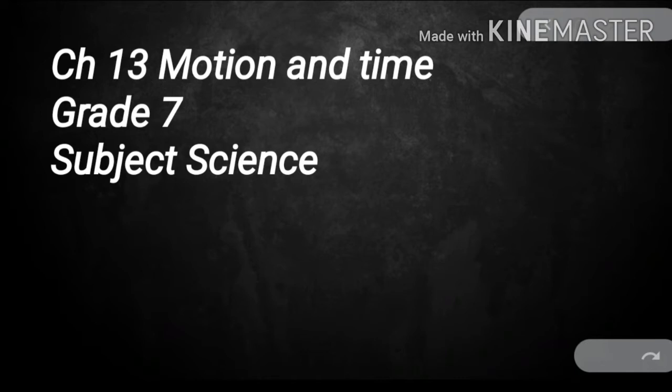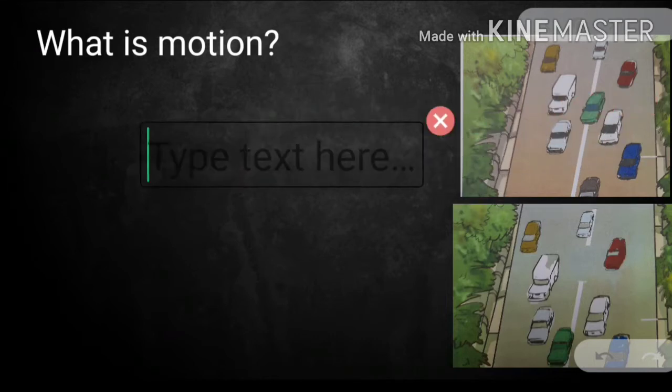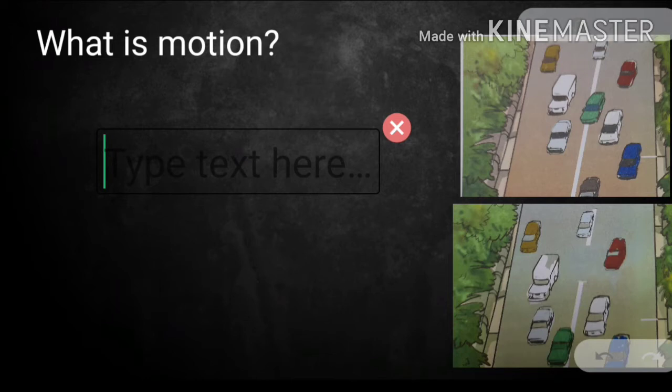Now let's have a look. Here, what do you see? There are two images given, and just look at the green color of car. So this green car, you can look at the position. Here it is in between these white cars, and in another picture it moves and it is at the front.